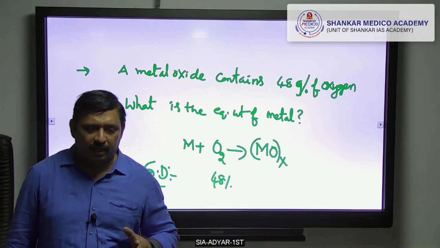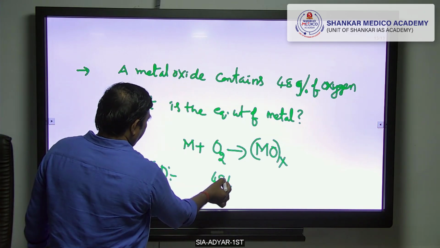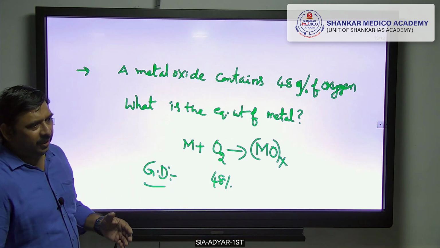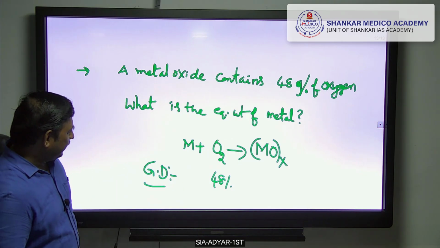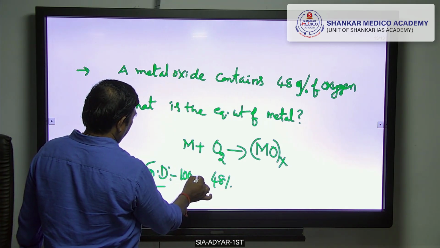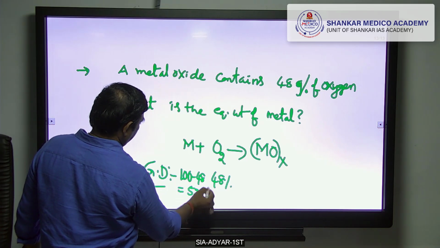The compound is a metal oxide, meaning it contains only metal and oxygen. Whenever the oxygen percentage is given, indirectly we are calculating the metal percentage. How are we calculating the metal percentage? 100 minus 48, which is equal to 52%.